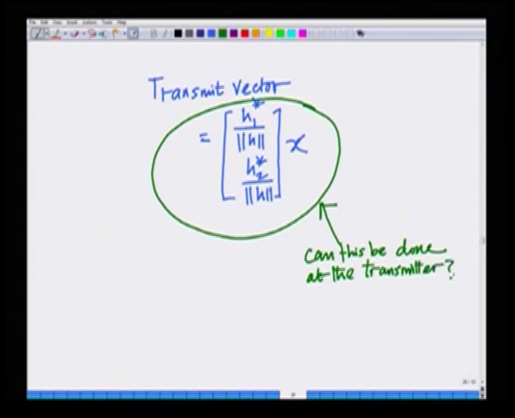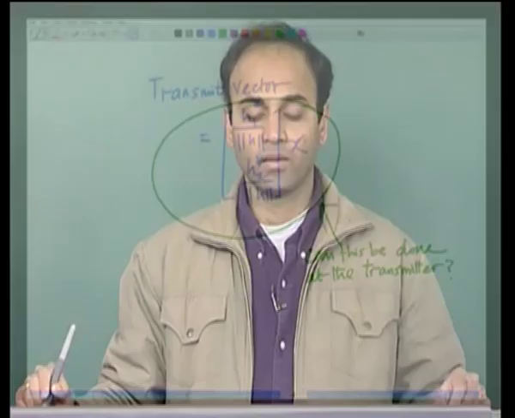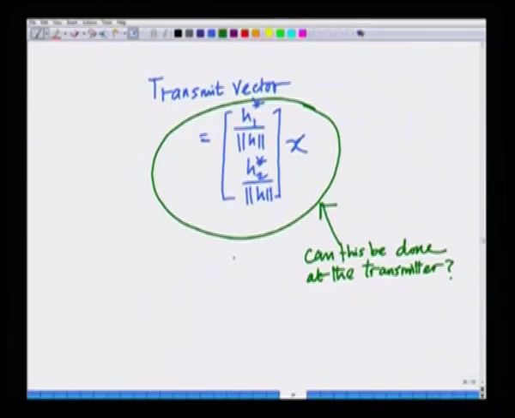Can this operation be done at the transmitter is the question we want to ask ourselves. To be able to do this at the transmitter, we require knowledge of H1 and H2, which are the channel coefficients.